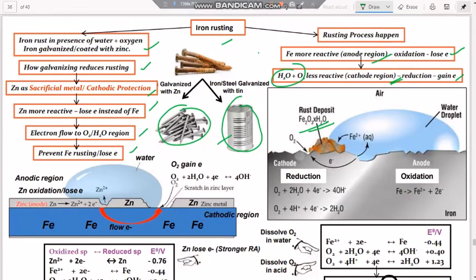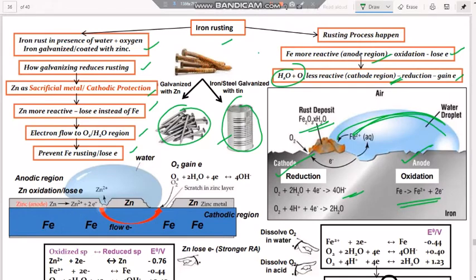In this reaction there is a water droplet shown. Iron loses electrons, and oxygen gains electrons in these two equations. So iron is the anode, where oxidation takes place, and oxygen water is the cathode, where reduction takes place.